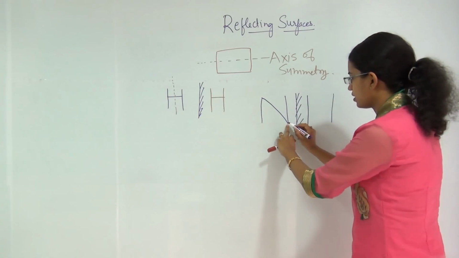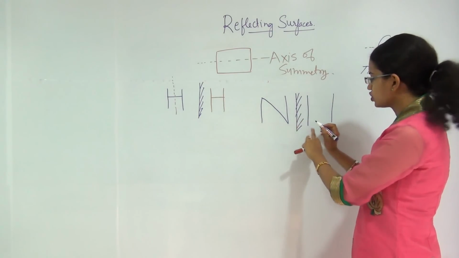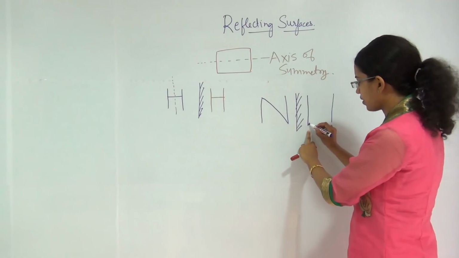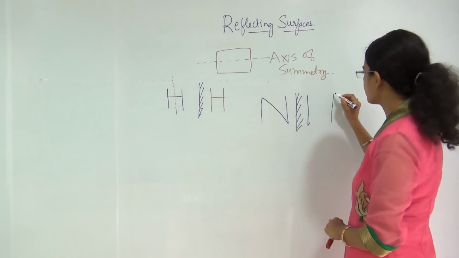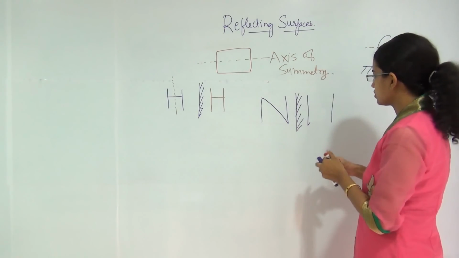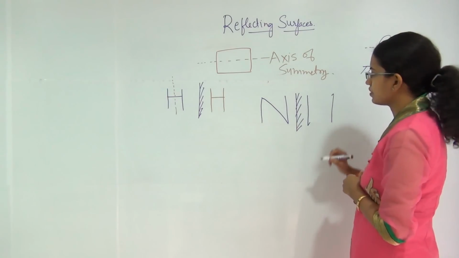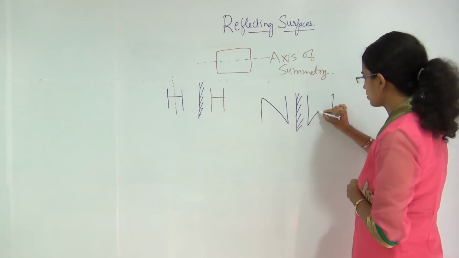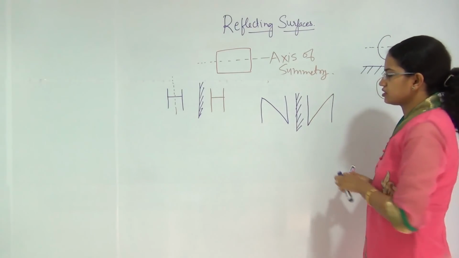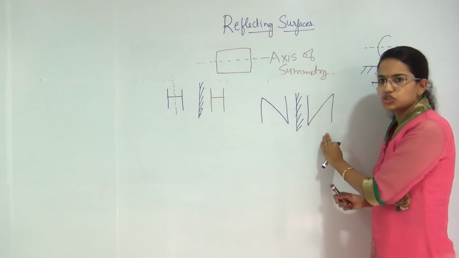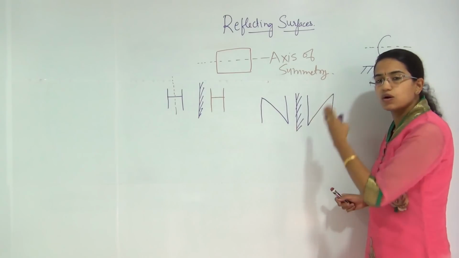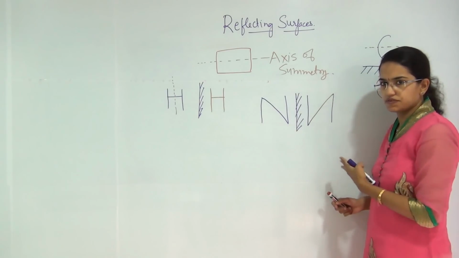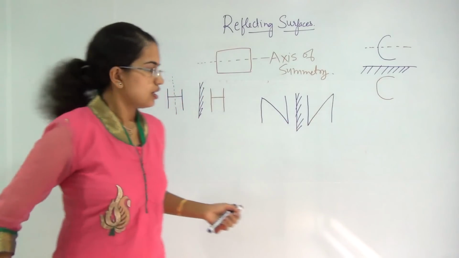Now this point from where the line starts should be closest, and this point where the line ends would be the farthest point. So this line would go like this. So this would be the mirror image of N when there is a vertical reflecting surface.